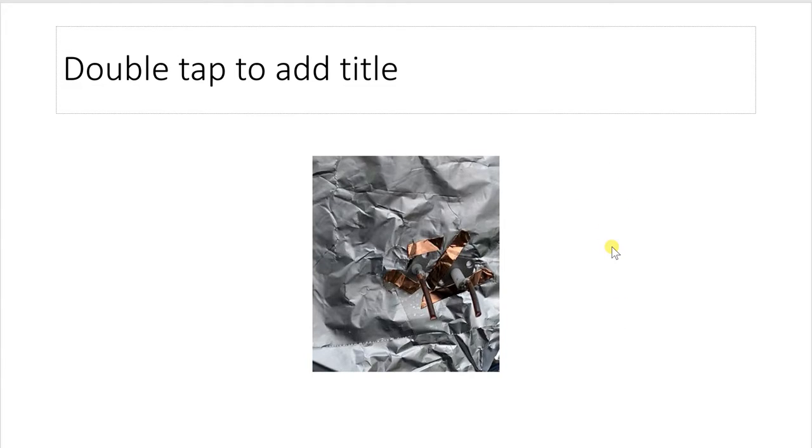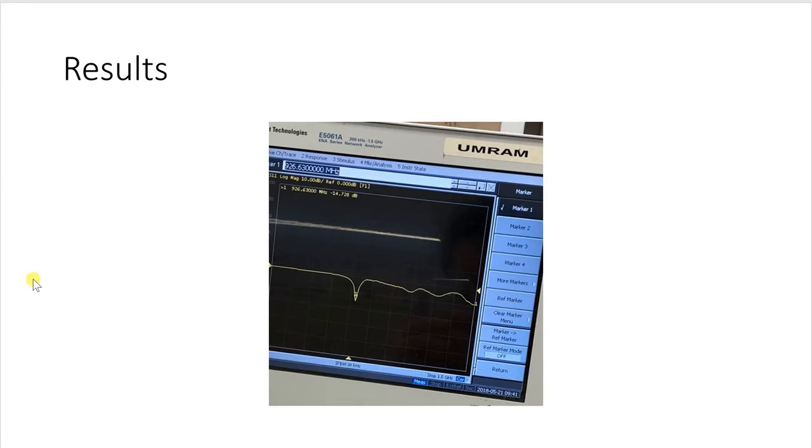To better understand whether my cavity resonator is working or not, I connected my cavity resonator by an SMA connector to a network analyzer, and this is my result. As you can see, there are three minima here, here, and here. This is my cutoff frequency for T101 mode.